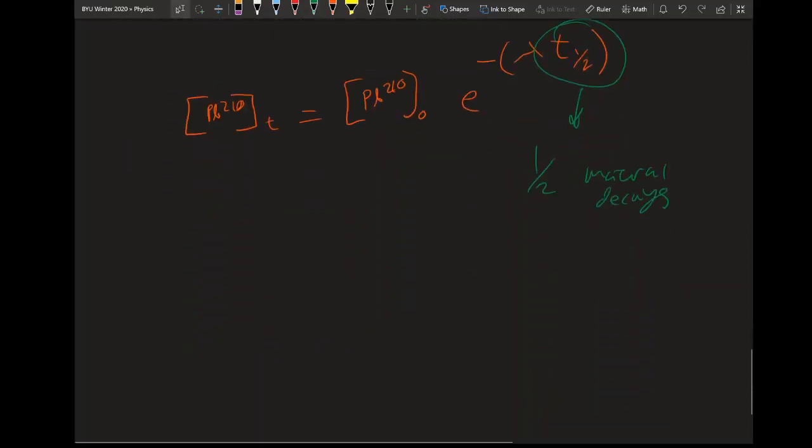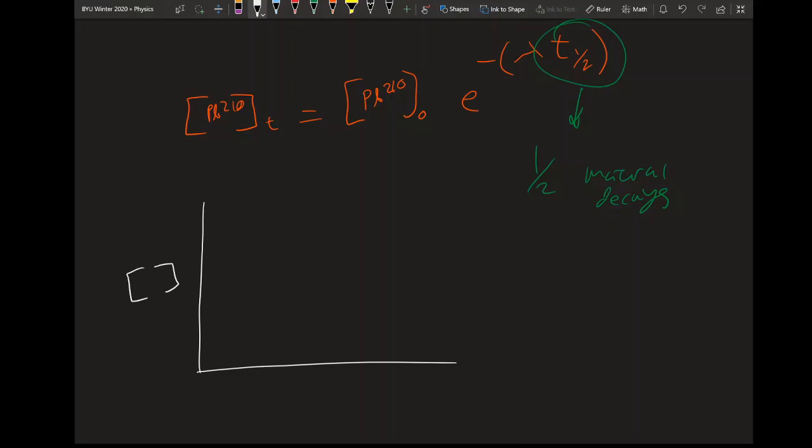So, if you were to draw a chart of this, we would say, if this is your concentration of element A, so if you have 100 up here, after 1 half-life, which is just depending on what material it is, it's a probability type function.